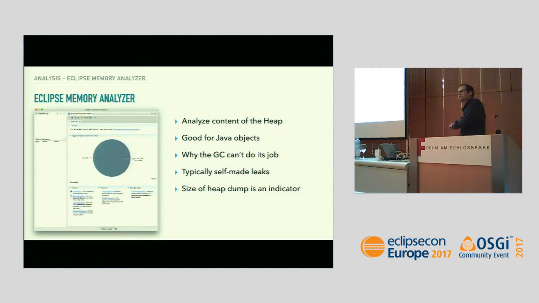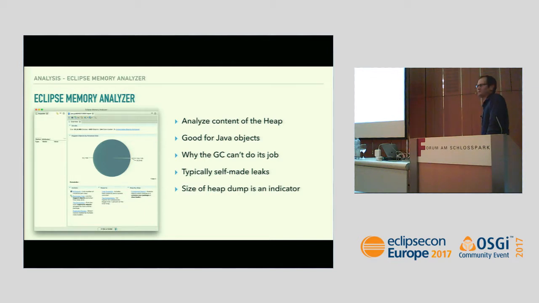Who knows the memory analyzer? Perfect, then I will skip quickly over it. The memory analyzer is an Eclipse project, which is a really great tool for looking into the heap. So you can do heap dumps from a running system. There's a command line tool. Unfortunately, it's not available on Compact Profile 2.